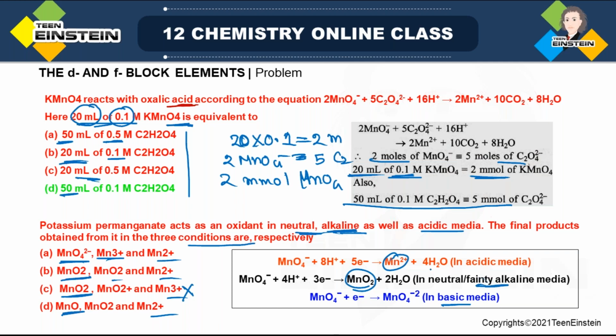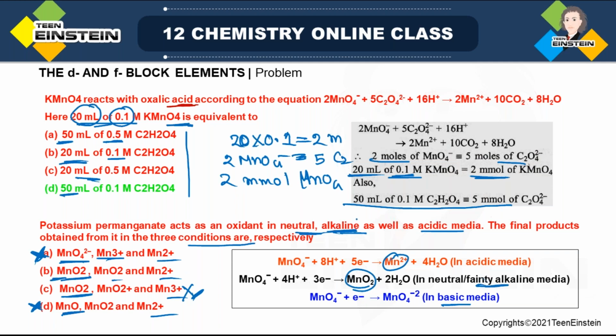But if it is neutral, it is always MnO2. So you can easily cancel these two, right? And you also already cancelled C, so only one option is left, which is B.